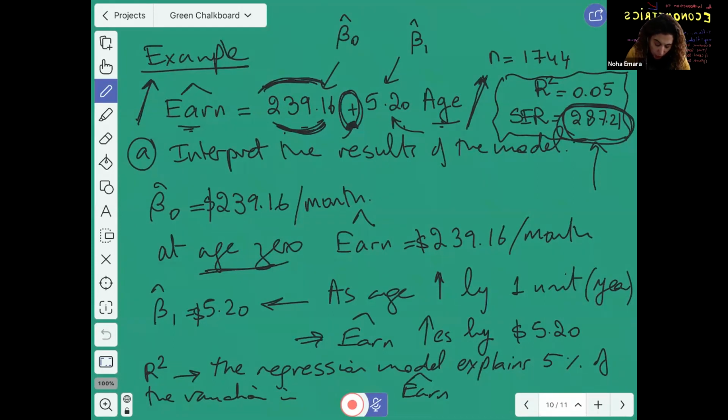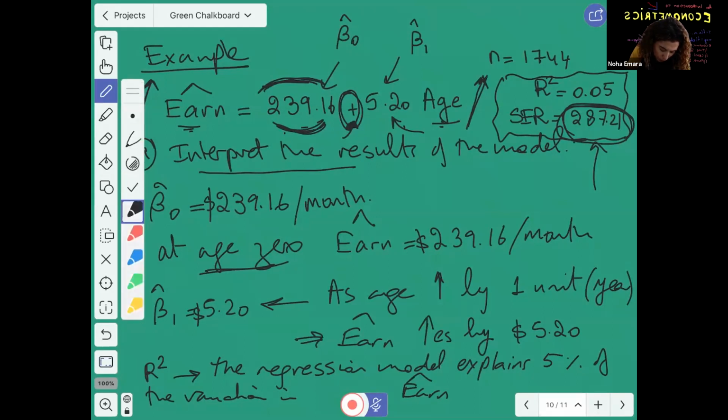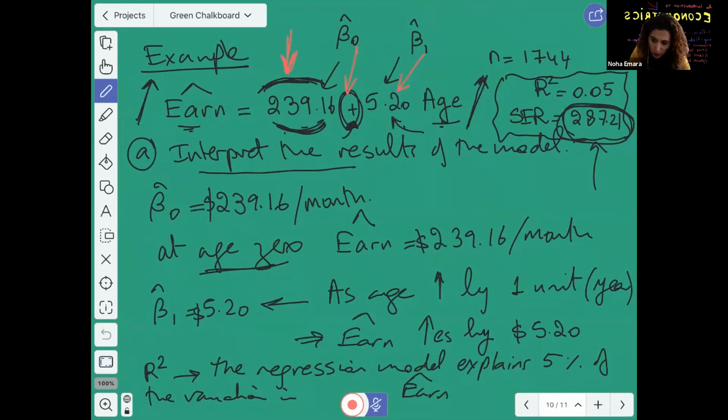Point A is actually asking you to interpret the results, right? As I said, you need to move in order. First you go into the intercept: what it means, what the sign means, what the partial slope means. The intercept, in any mathematical model, is the value of the dependent variable at 0 independent variable.